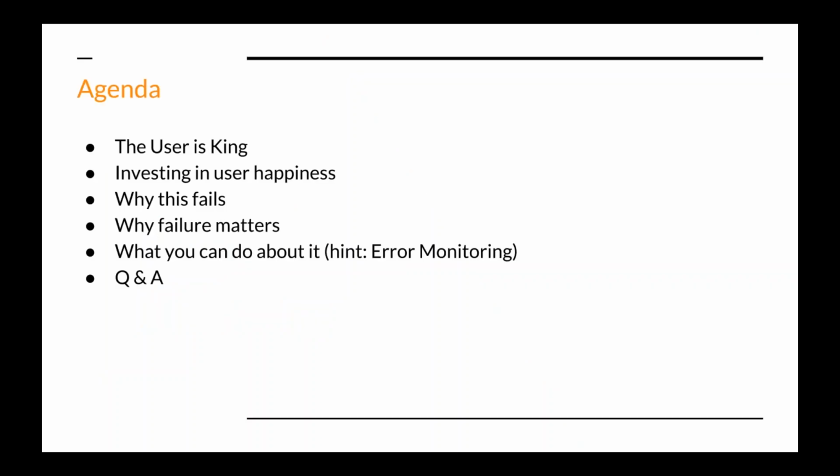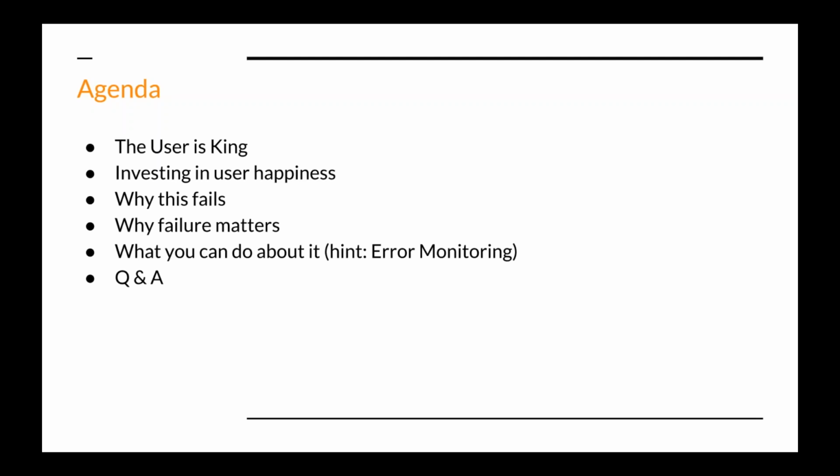So real quick, just what we're going to talk about today. The user is king. Really, they're the whole reason that you do what you do. The whole reason you build the service you build and provide it to people. Probably you're investing a ton of resources and money and time and energy into user happiness, but more than likely, it's coming up a bit short of where you want it to be.